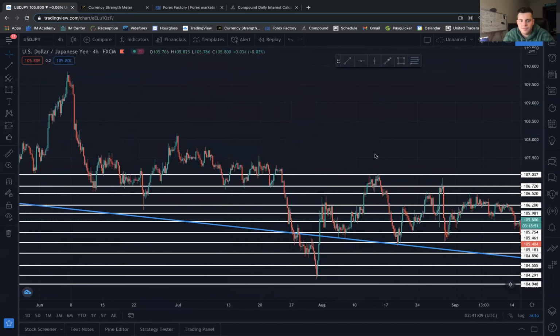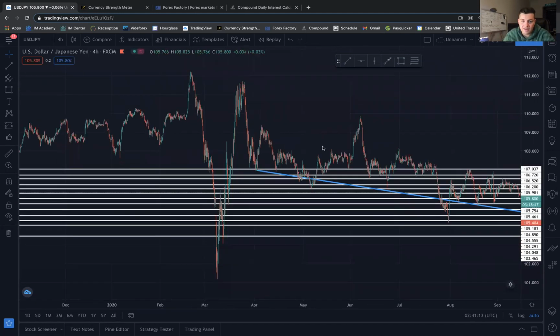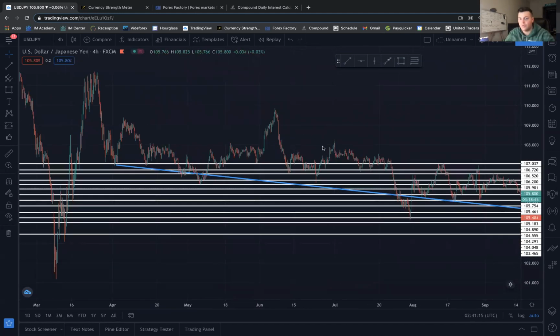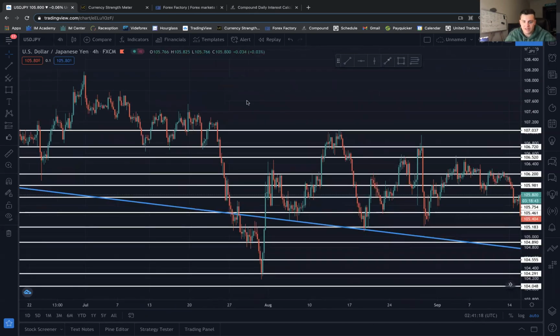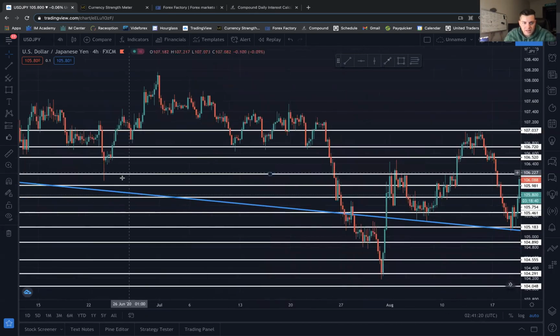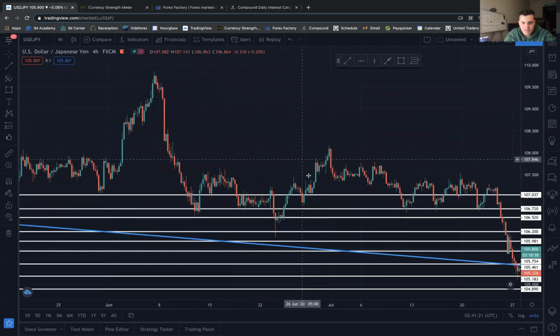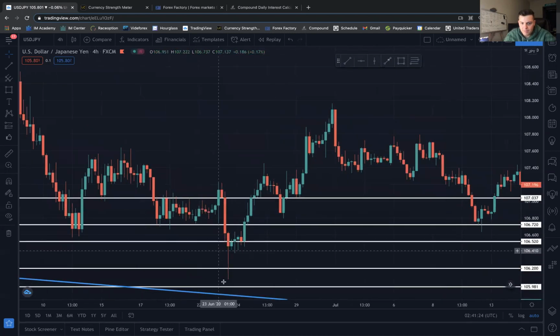I like to say candle, not wick, because a wick often is a fake out. For an example, right here, you guys see this big drop right here?